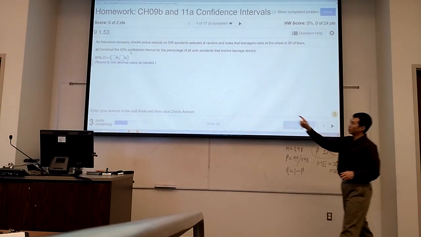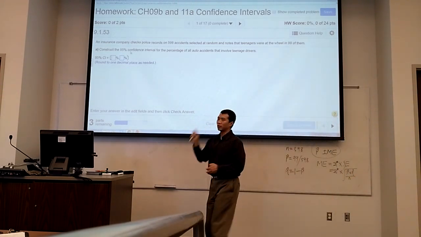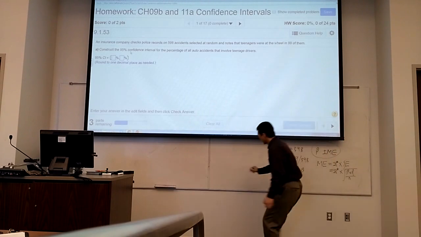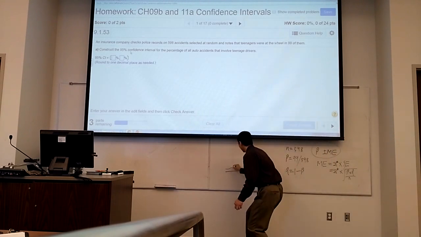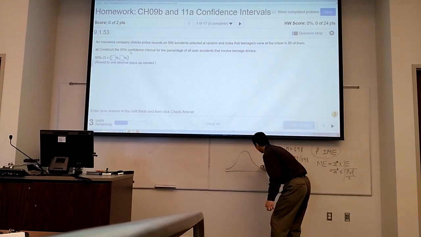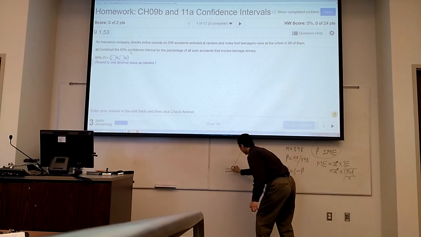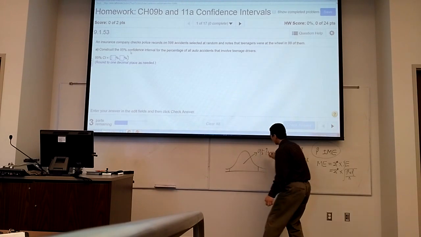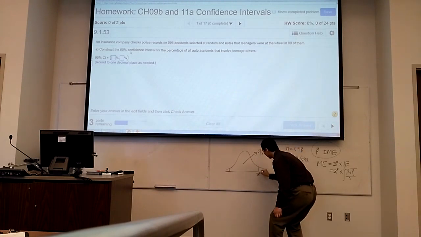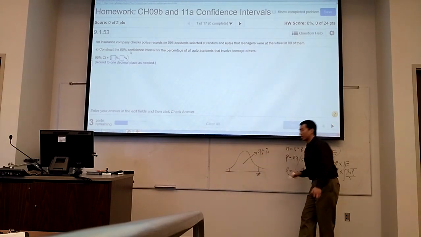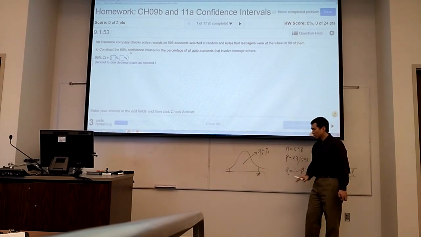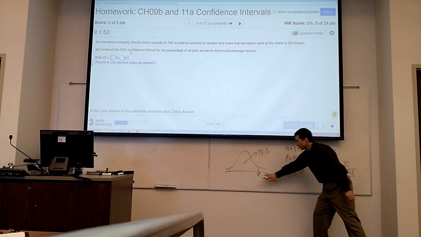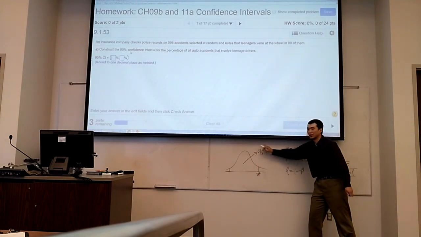It is a 95% confidence interval. If you look at this figure, that means this area is 95%, and I want to calculate this value. We just demonstrated how to find this critical value using this number.